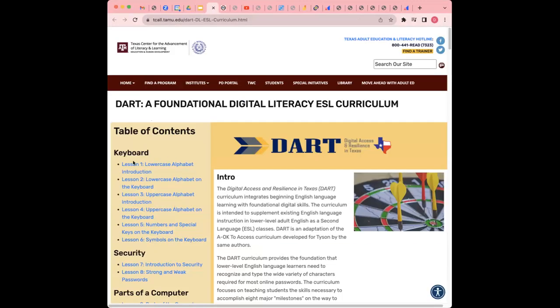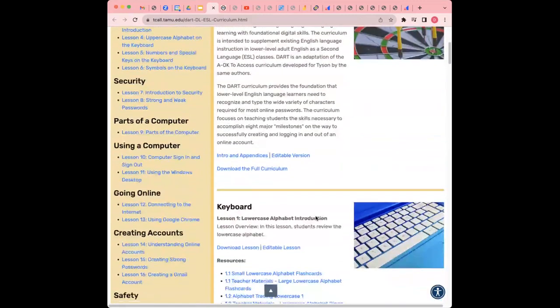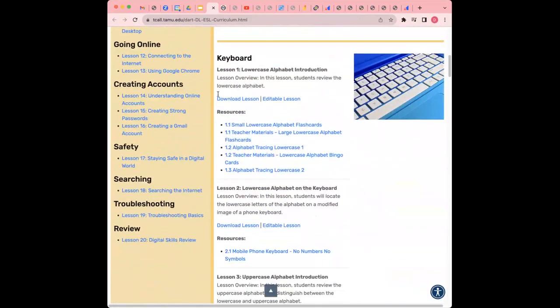You'll see on the left all of the lessons, and on the right, you'll see a short explanation of each lesson, as well as the resources that you have. You can download them immediately, or you can also download an editable version. So maybe you need something that's adapted a little bit, and you can just go ahead and edit the lesson plan. It also tells you the resources that are contained.